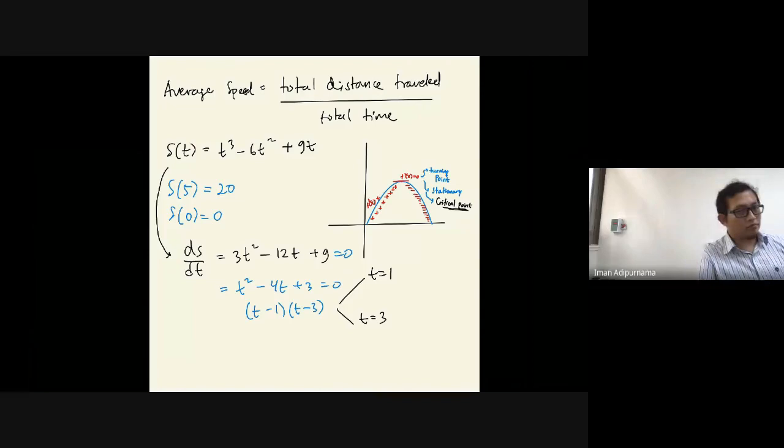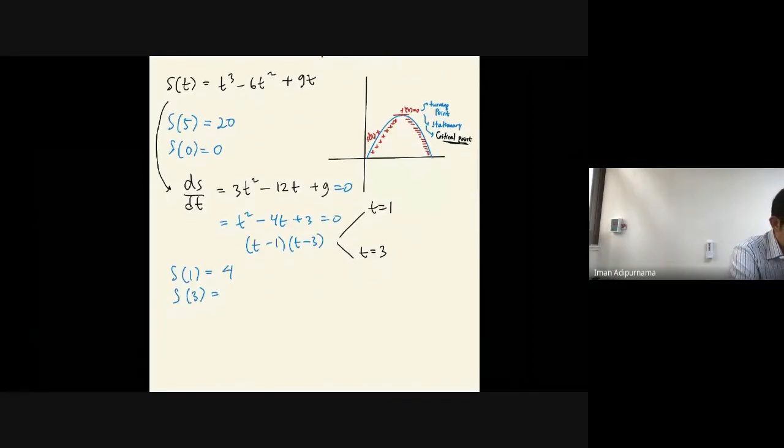Let's check s(1). 1 minus 6 plus 9 is 4. And let's check s(3). 27 minus 54 plus 27, which is 0.